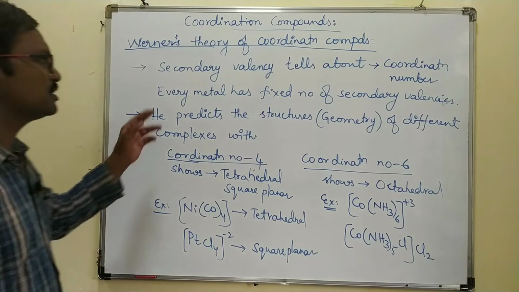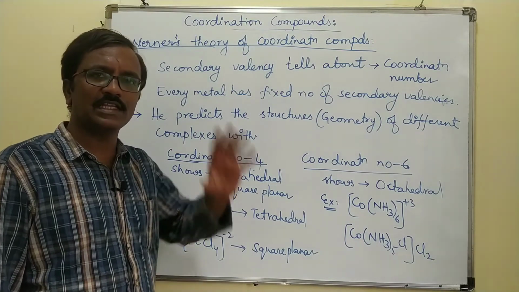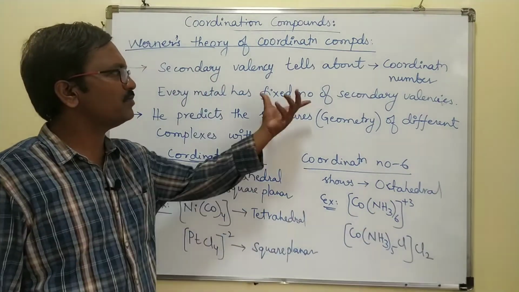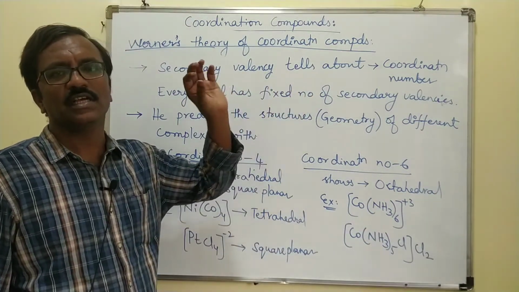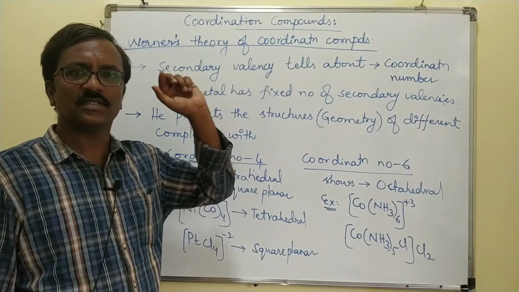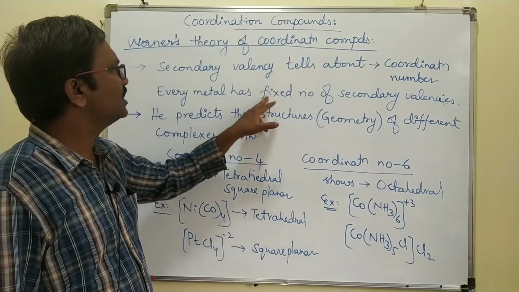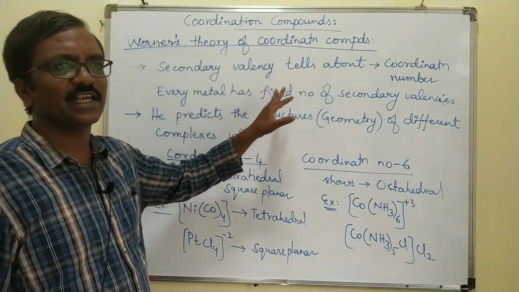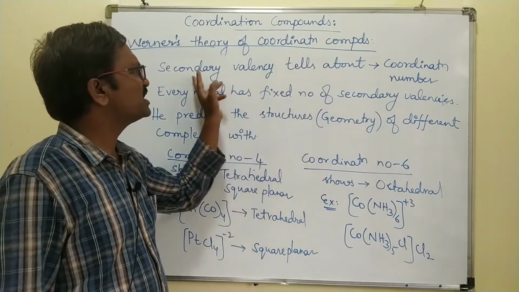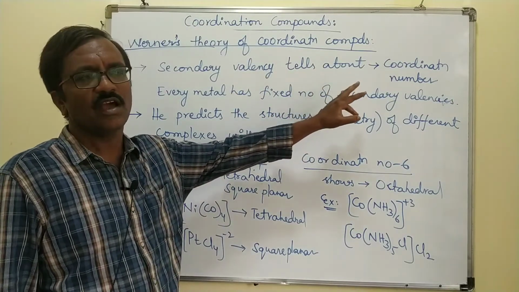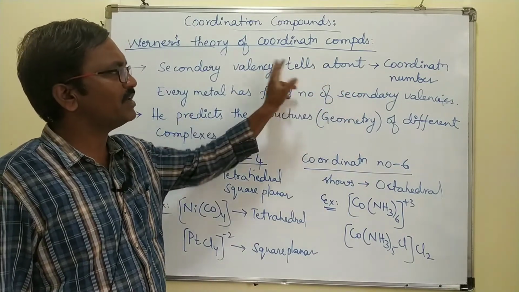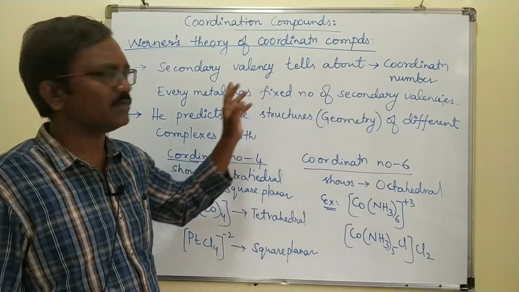So he proposed that every metal has a fixed number of secondary valency. That means the secondary valency is fixed for every metal. The secondary valency is called the coordination number. According to him, the secondary valency tells about the coordination number.